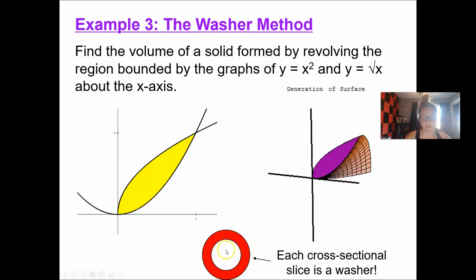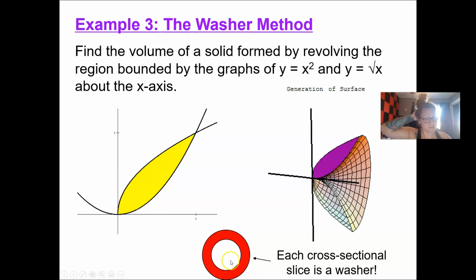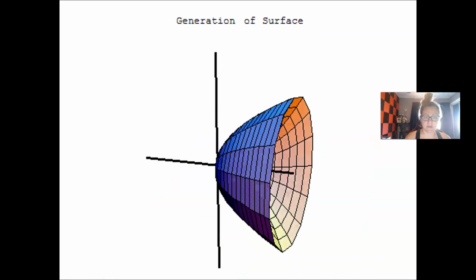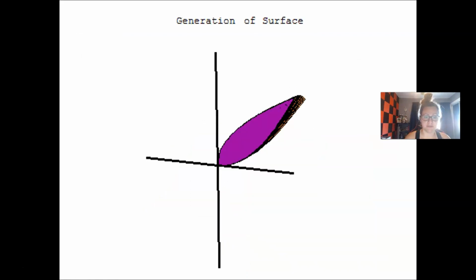All right. So if you look at the bottom down here, this red is kind of representative of the region that's being revolved around. And when I do the disk method, I would get a solid all the way through, right? But I need to take out that gap of space. So the washer method is just like the disk method, but here's a fun little larger picture.